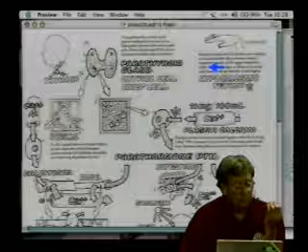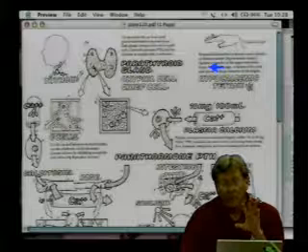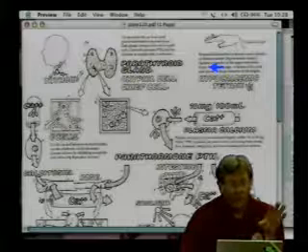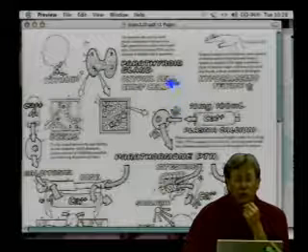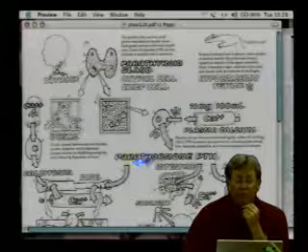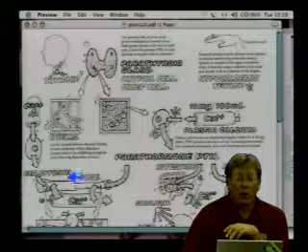What else? Well, we know calcium's important. Its regulation is under the control of two hormones, one being parathyroid hormone, or PTH, and the other being calcitonin.